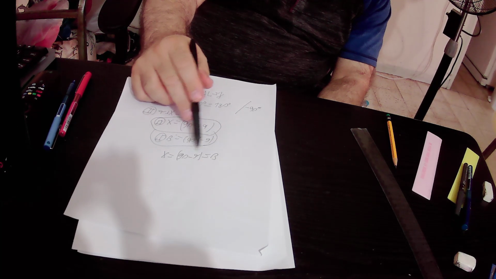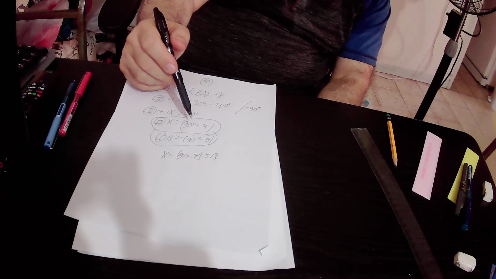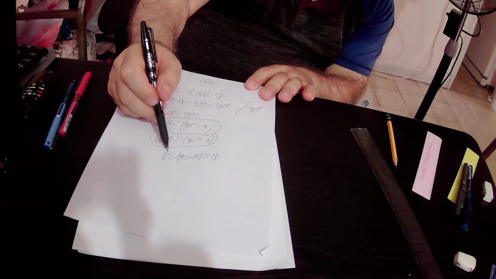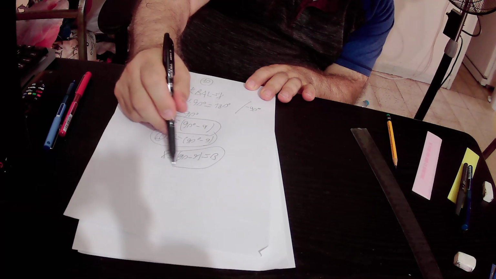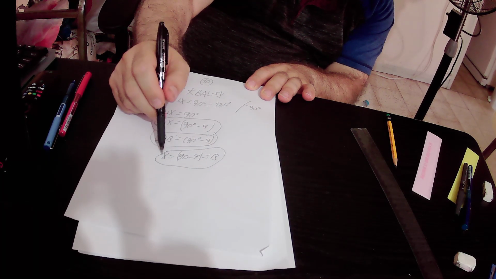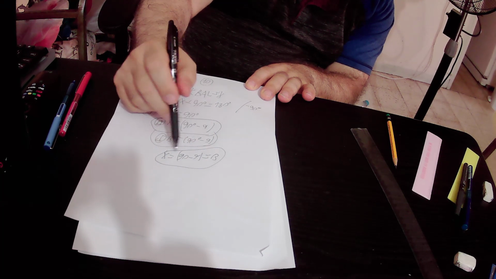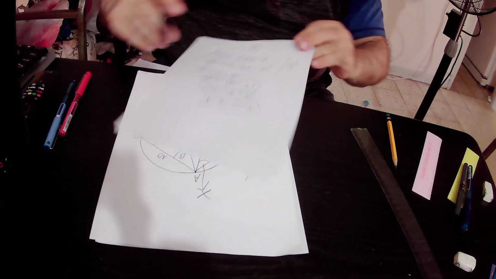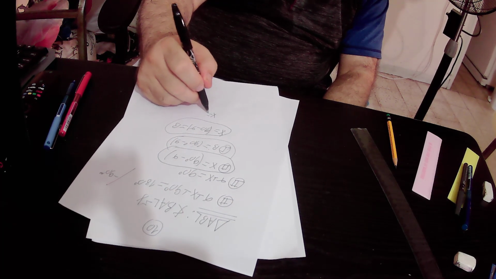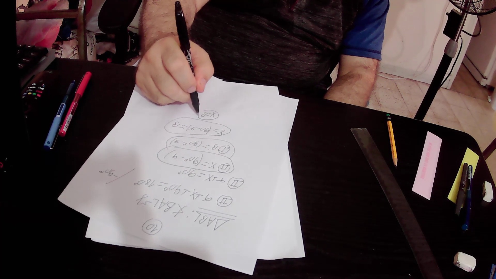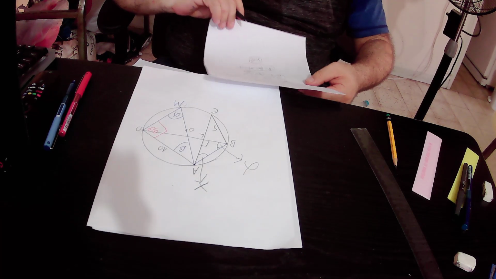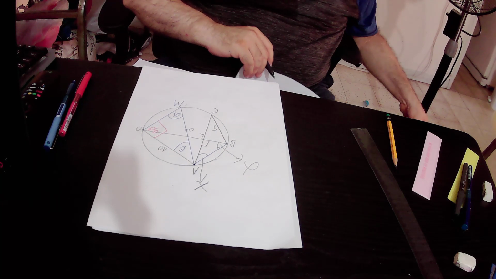Okay, so from this equality we can deduce that x equals to beta. So we know that x equals to beta.